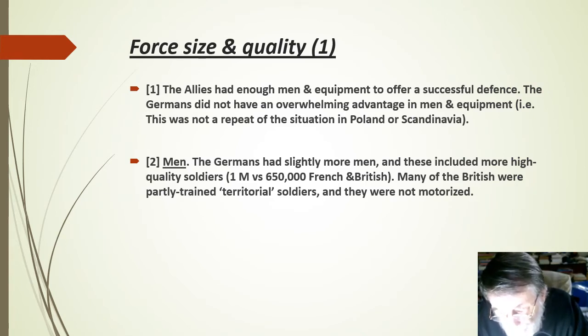Overall, the number of soldiers on the two sides was roughly comparable, but the Germans had more high-quality trained soldiers, 1 million against about 650,000 with the French and British. Also, half of the British troops were only partly trained territorial soldiers. Whilst the British infantry had supply lorries, they lacked transport lorries for their men.